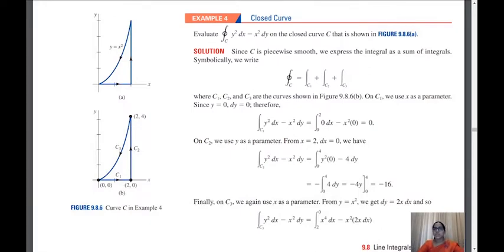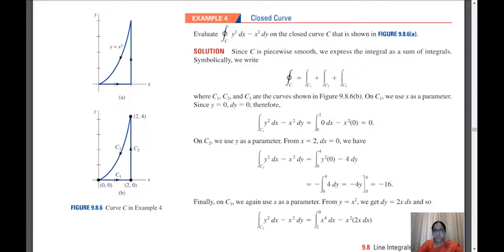We had also noted in the previous class that if we are considering any smooth curve, and we can partition that smooth curve into further smooth curves, say C1, C2, etc., then the integral along that curve will be the sum of the integrals along each of the smooth curves that we are considering. So let us see an example.